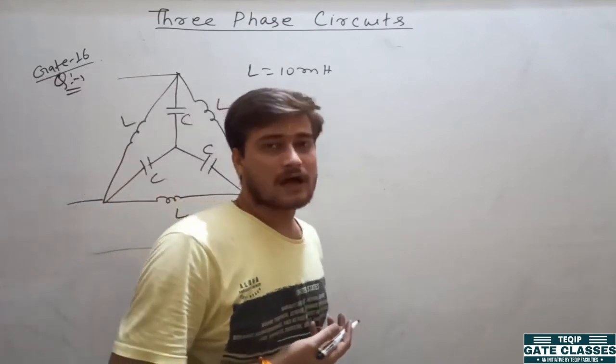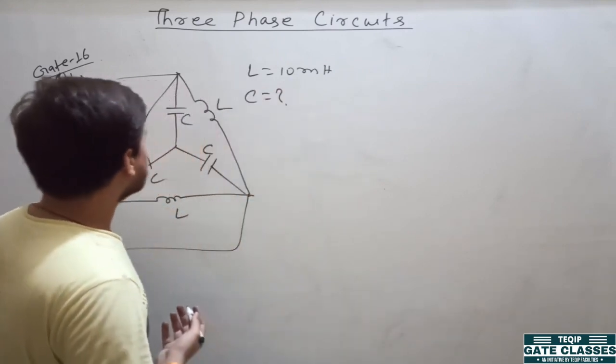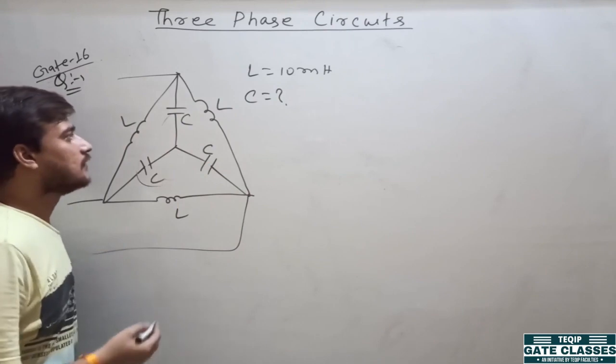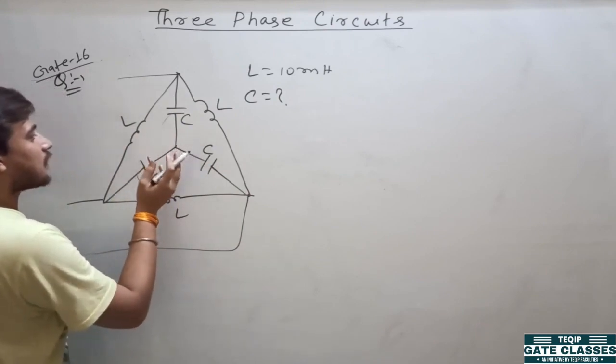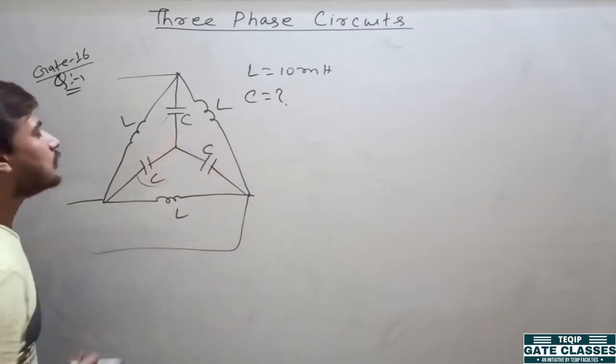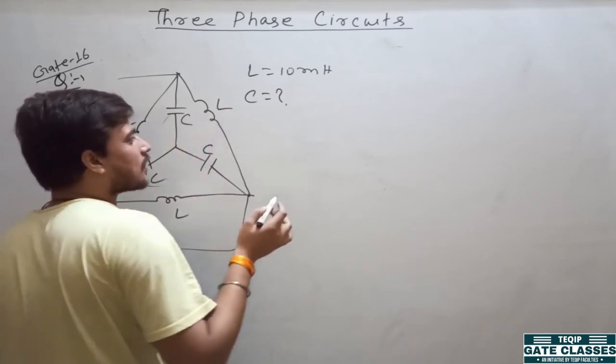So how to find the value of C? Here you see this is star connection, this is delta connection. So to simplify this circuit, let us convert delta into star. Delta into star means divide by sum.